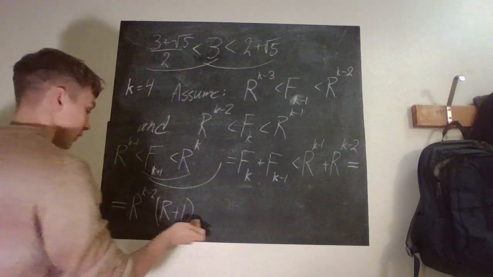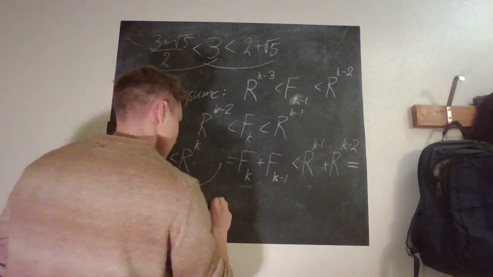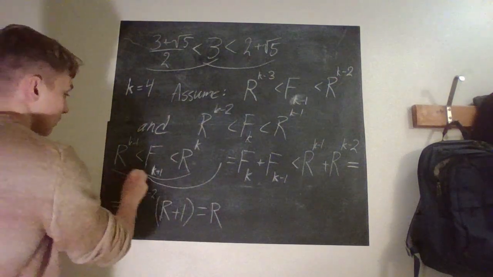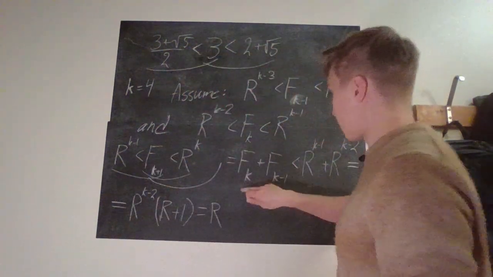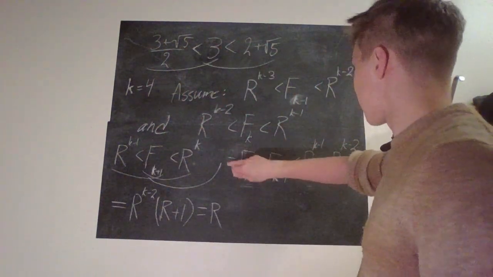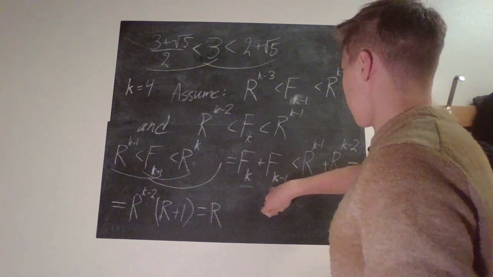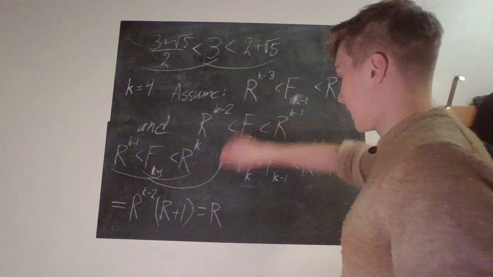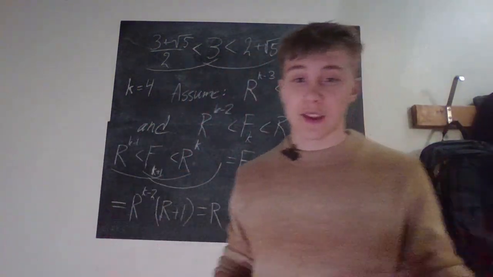And what is r plus 1? r plus 1 is r squared, and therefore the 2's cancel out, and this is just r to the power of k. Okay, so we've done that part, and doing the other inequality is extremely similar. Instead, you just switch out that, this is less than that, and this is less than that, and then you utilize the same trick, and everything just goes away so nicely.